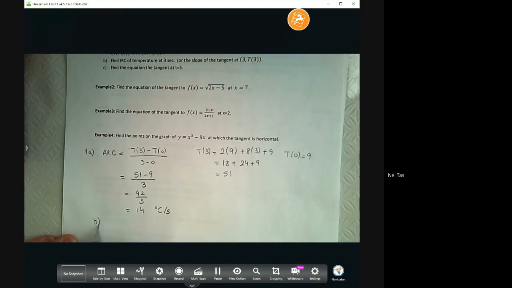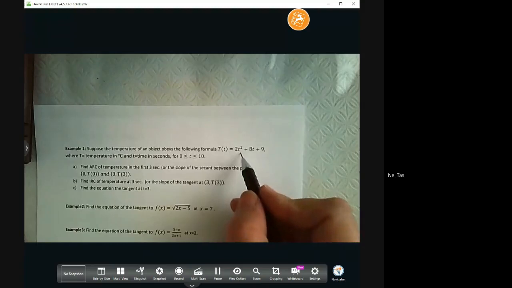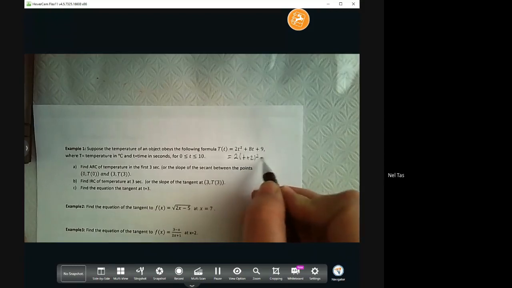So let's look at B. Well, let me sketch this so that you can also see what the secant is here. If I put this function in vertex form by completing the square, I get 2 times (t plus 2) squared plus 1. So this is a parabola. The vertex is at (-2, 1), and it opens up.